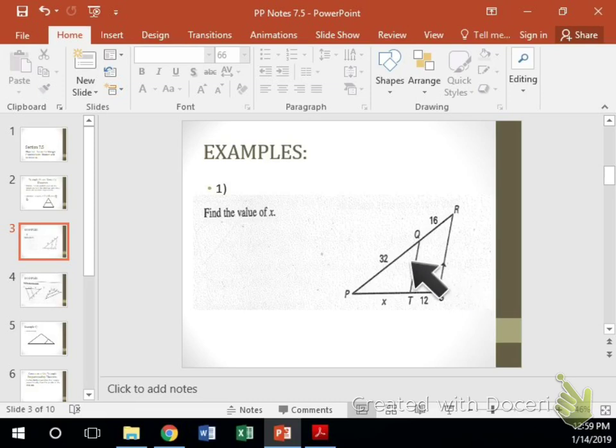That's what those little triangles mean. And so we are going to be able to set up a proportion between the pieces of these sides. Okay, so if it is still small, this section is labeled 32. This one's 16. Down here, we've got X and 12.